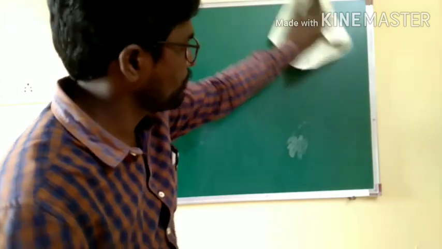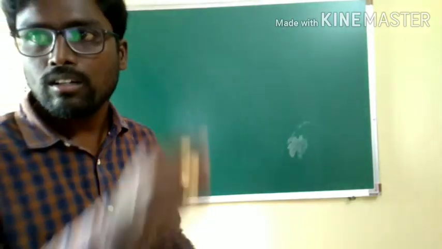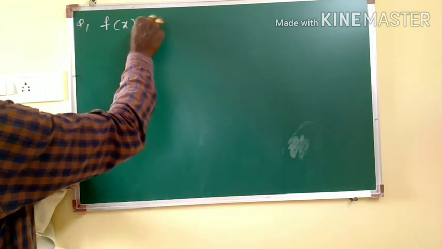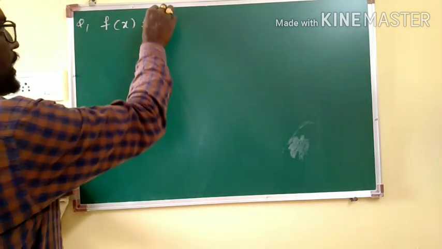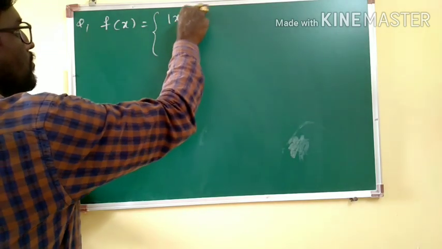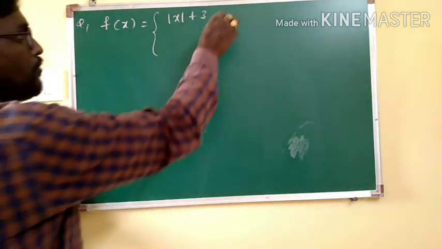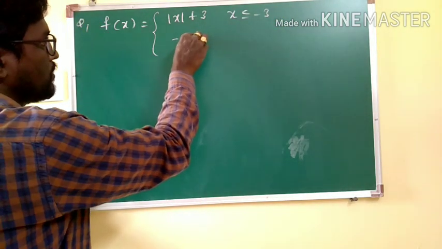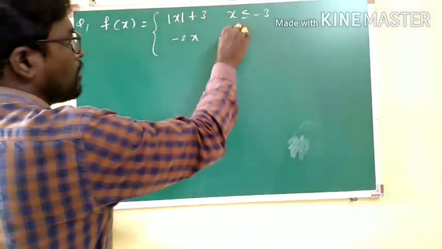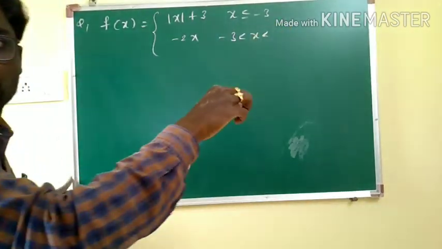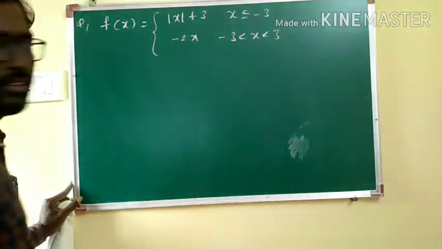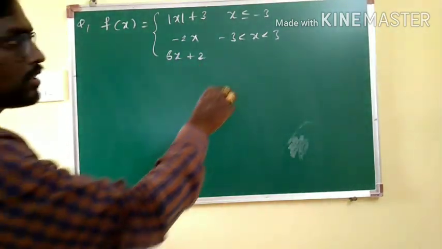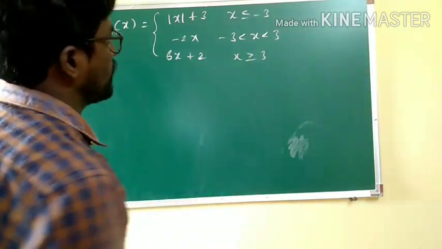Listen carefully. f of x is equal to mod x plus 3 if x is less than or equal to minus 3, minus 2x if minus 3 is less than x less than plus 3, and 6x plus 2 if x is greater than or equal to 3.